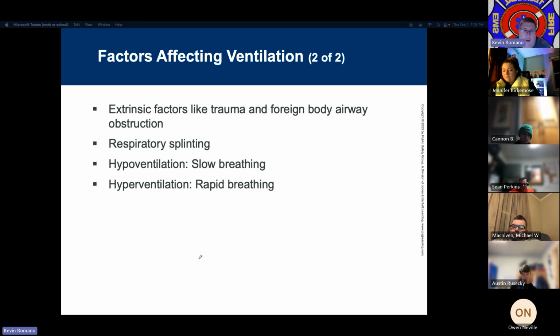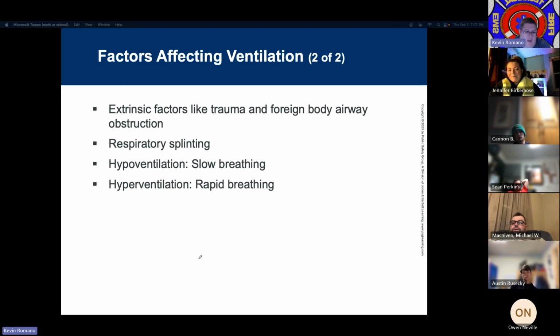Does their end-tidal go up or down? If they're bradypneic, is it going up or down? Slow respirations, more acidic. Up. Okay.